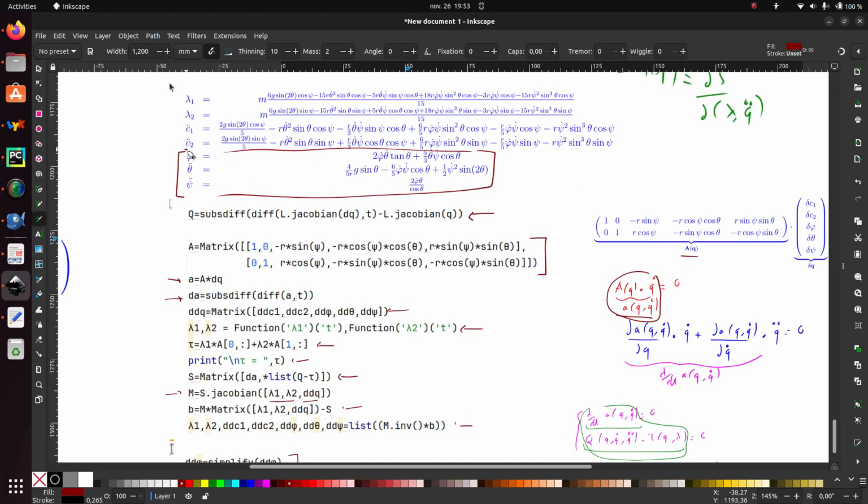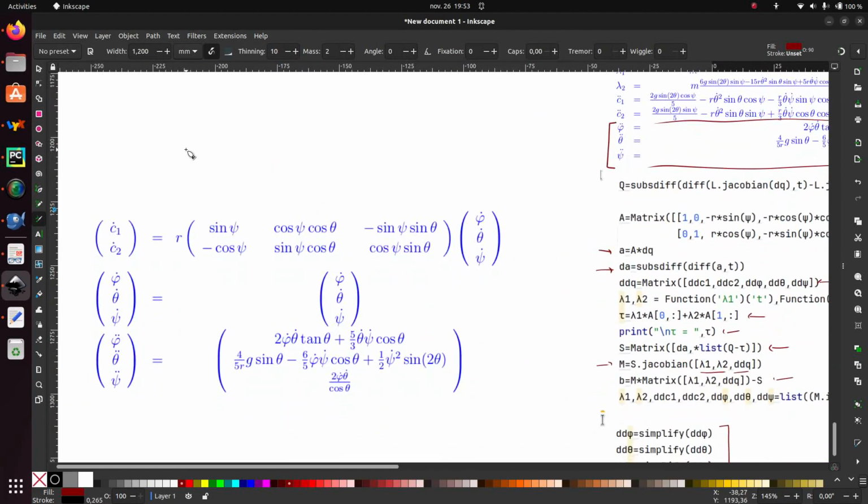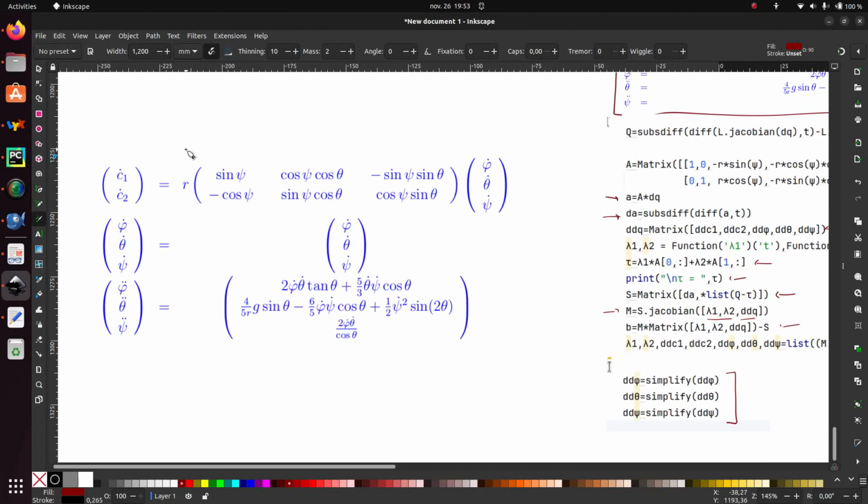So now I have my state equation for my wheel. Recall that the state variable was x equal to c1, c2, phi, theta, psi, and the derivatives phi dot, theta dot, and psi dot.